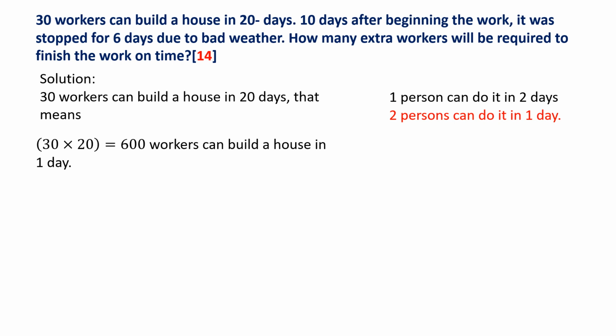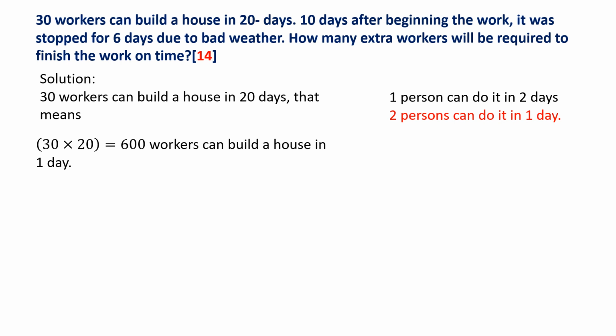Say for example, I can do a work in 4 hours. That means if I appoint another one with the same capability as I have, we two can do it in 2 hours.